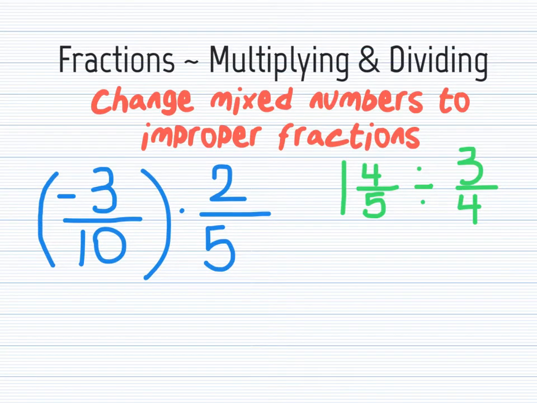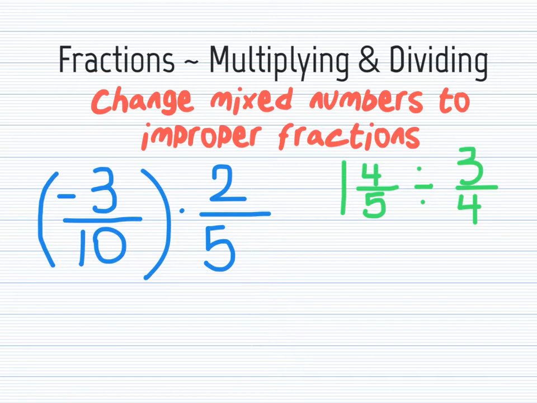Remember, when you multiply and divide fractions, you absolutely do not need a common denominator. When you multiply, you want to use the shortcut available to you, which involves canceling out numerators and denominators, or simplifying.